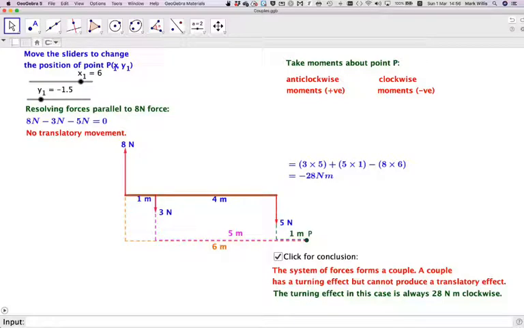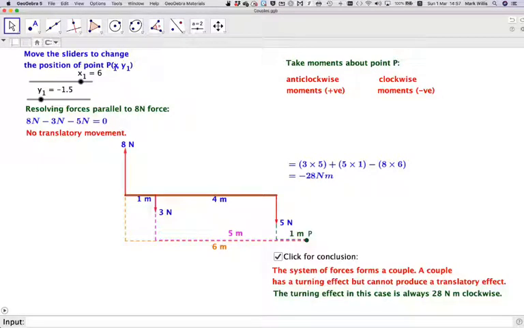Okay, in this case, these two here will be anti-clockwise, and this one will be clockwise. Okay, but we're always going to get a total moment of minus 28 newton meters, which means 28 newton meters clockwise.